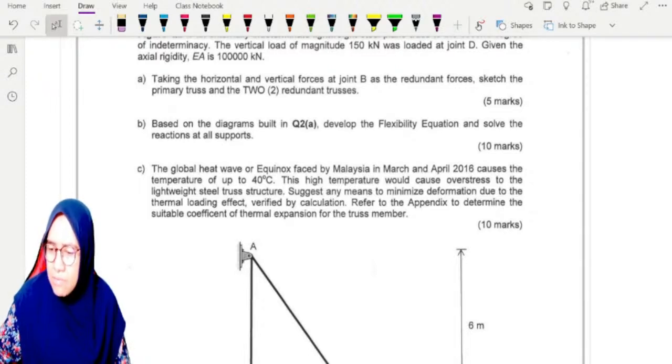If you want to analyze using the information given in question C, because it mentions the changes, temperature up to 40 degrees Celsius. This is a suggestion only, we don't need calculation. I would like to consider this 40 degrees Celsius for certain members only.